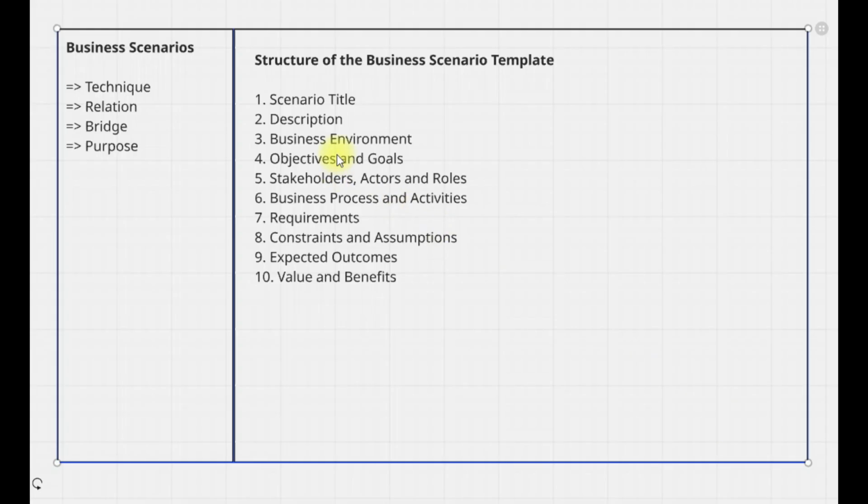Next are objectives and goals. In objectives and goals, we will mostly be writing the outcomes the business wants. What is the business expecting from this activity? That would be provided there, and it must be SMART.